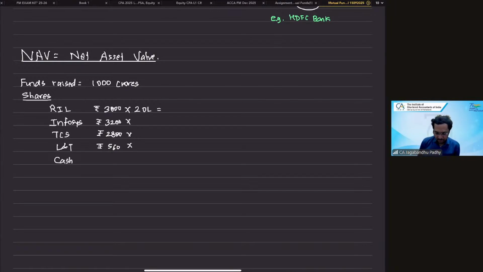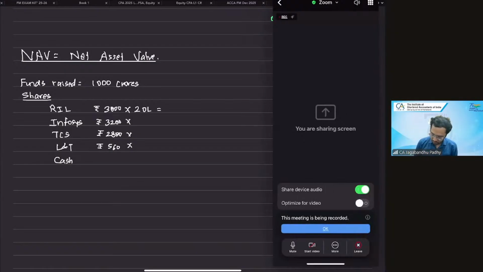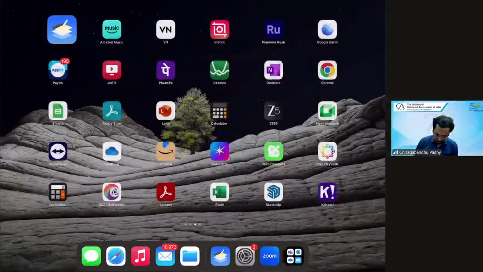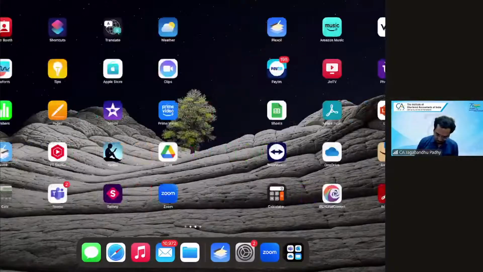So let's say 3,000 into, we bought 20 lakh shares of Reliance Industries Limited. So how much money is invested into Reliance Industries Limited, guys? Tell me. 20 lakhs into 3,000. 600 crores.